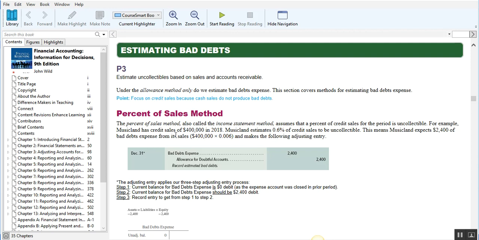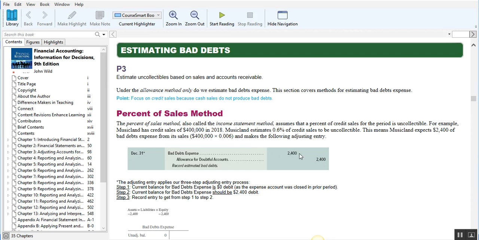In this case, they say we have $400,000 in credit sales. We anticipate that 0.006, or roughly 0.6%, will not pay the bill. So we're going to multiply it, and we get an amount of $2,400. That's the allowance amount that we're going to establish.